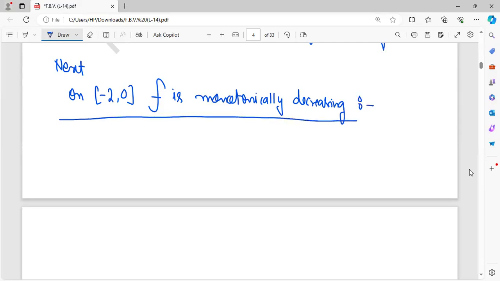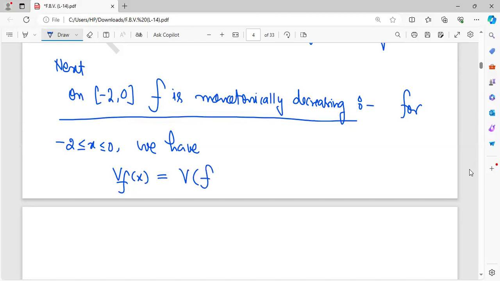Okay. So for x in this range, Vf(x) is nothing but Vf from minus 2 to x.